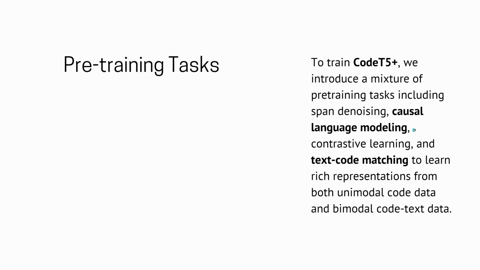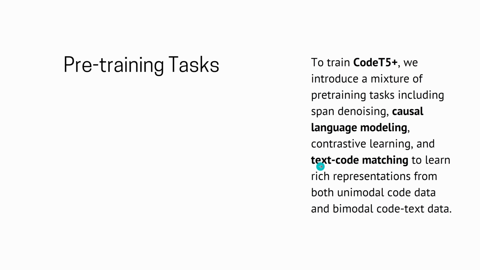Great. Now, the tasks that they pre-trained CodeT5 Plus on are interesting because they have now a lot of tasks, and I would like to show you the beauty of this system, what makes it so different to the other systems. So they train CodeT5 Plus on a mixture of pre-training tasks. They have this causal language modeling I just showed you before, the contrastive learning, the classical way, and they have a text-code matching.